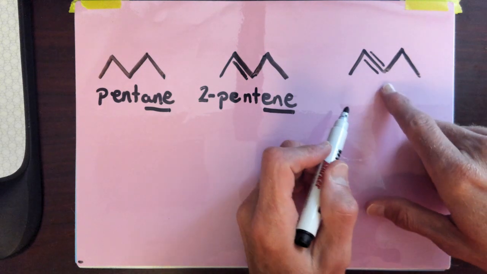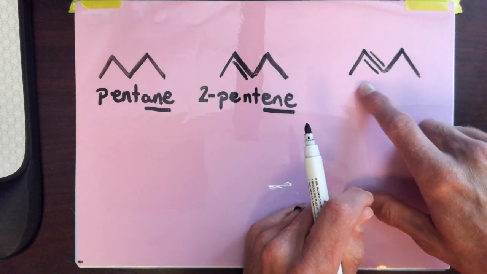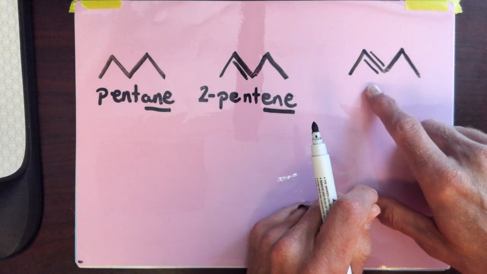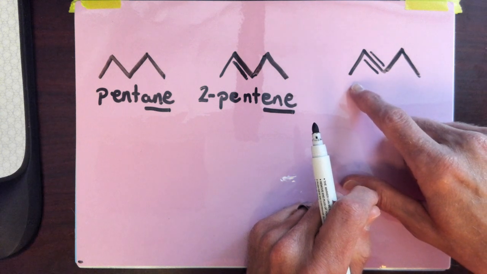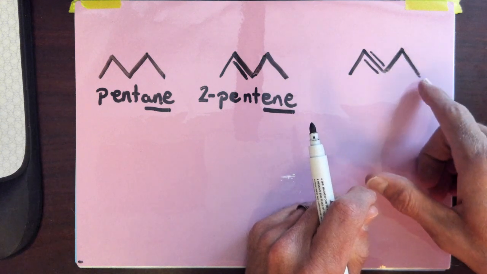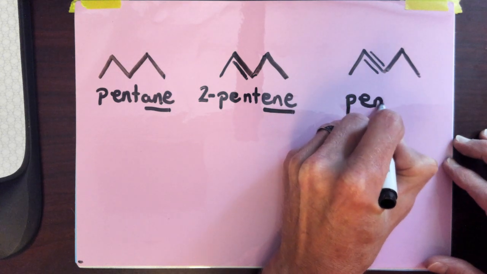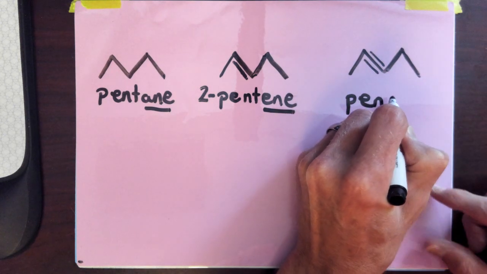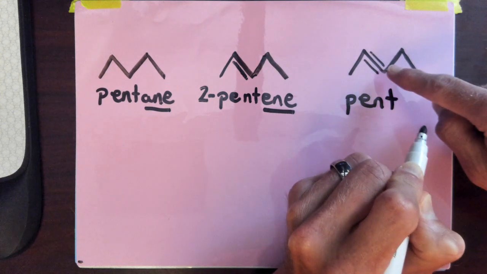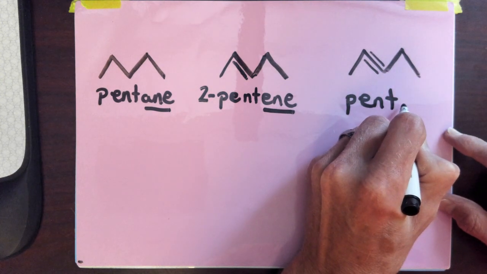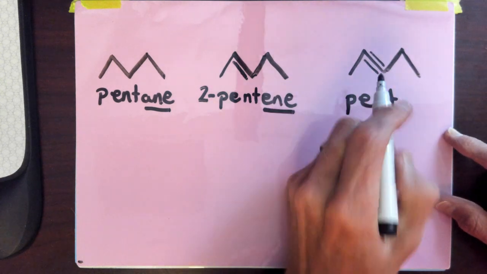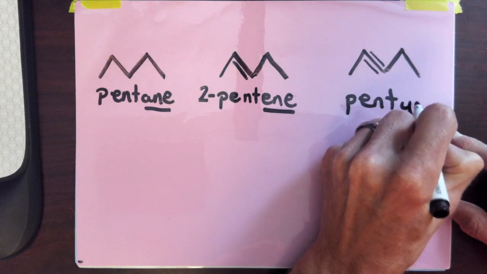And now we have an alkyne. Again, 1, 2, 3, 4, 5 carbons. So pentane is the root, but once we see that triple bond, instead of pentane or pentene, it becomes pentyne.